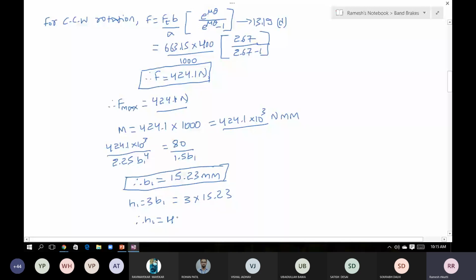These are the dimensions of the brake lever.